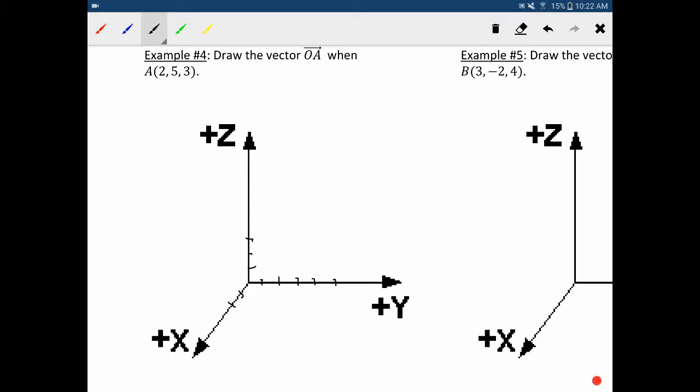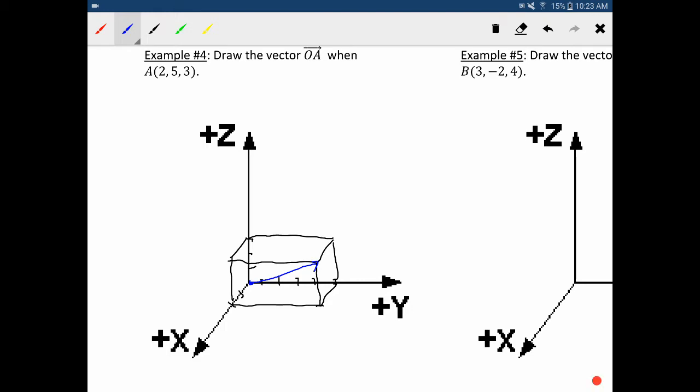So how do you draw that? Well, do your best. Drawing a box like this can help. Then we can build it up like that, and then draw our vector from that point to that point, and there we go.